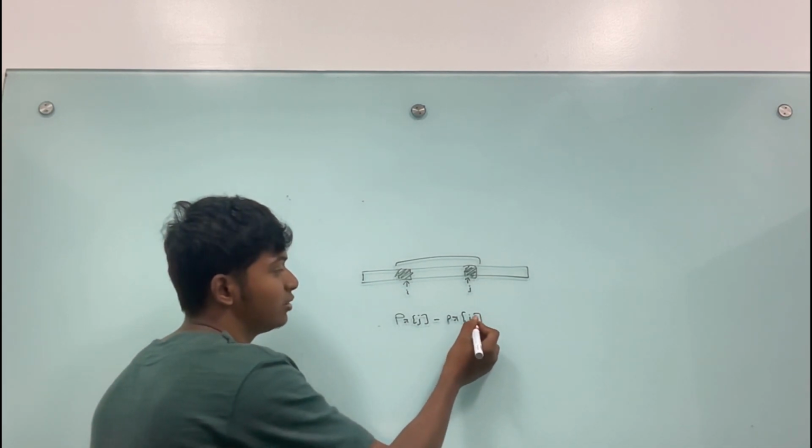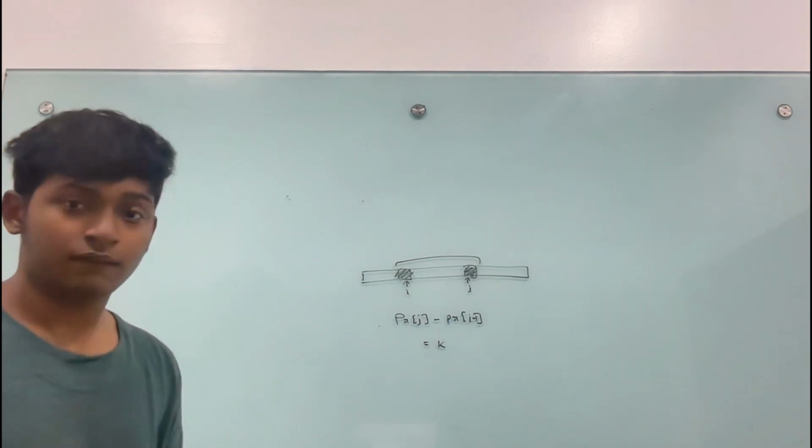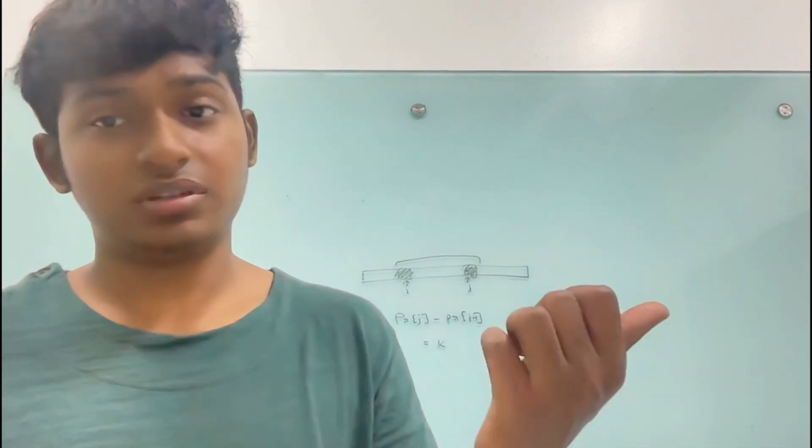That is equal to the target. So we need to find the total number of subarrays whose sum is the target.